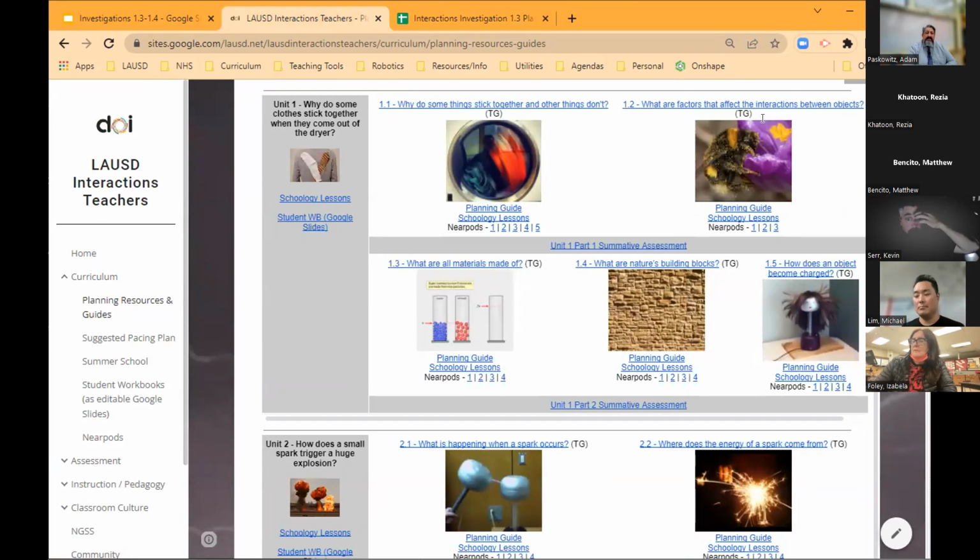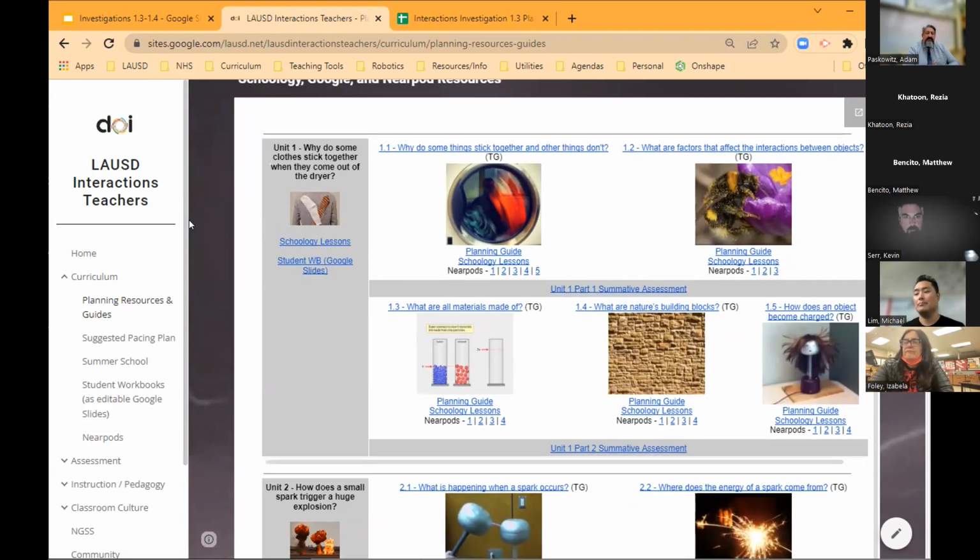We see each investigation laid out. And the thing that I show during these PDs is the planning guide. But we also have Schoology lessons for everything in interactions. And we have Nearpods for everything in interactions. So we have multiple methods you can use to deliver the content.